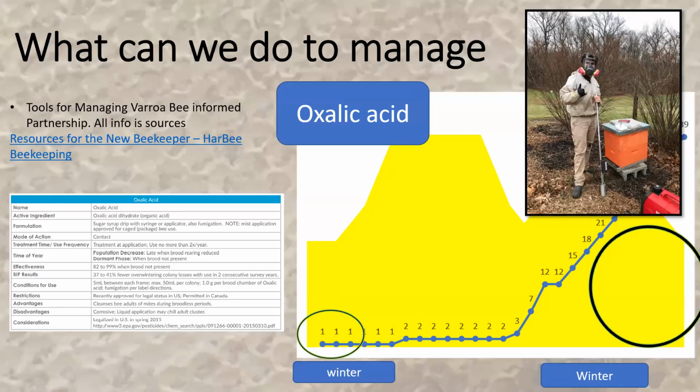In covering the bees with the oxalic acid crystals, the mites that are on those bees die from that oxalic acid through contact. It is not effective while there's brood in the hive because that oxalic acid does not penetrate the wax cappings.